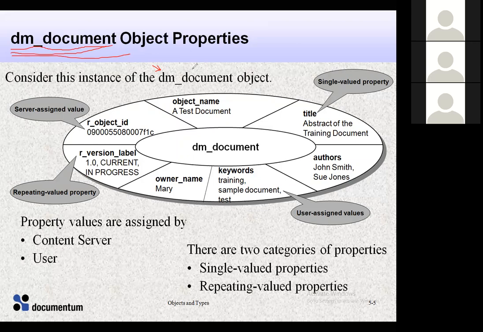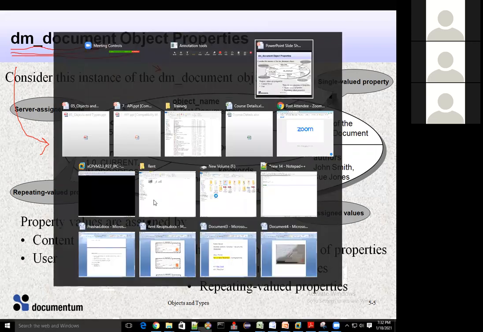So here we took one object, and now we try to see what kind of properties that particular type has. Again, let me show you what I'm trying to say.